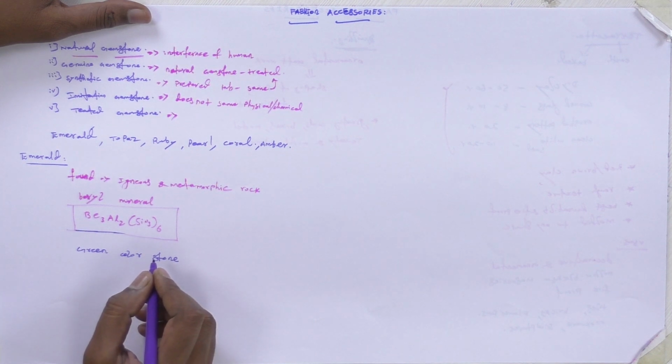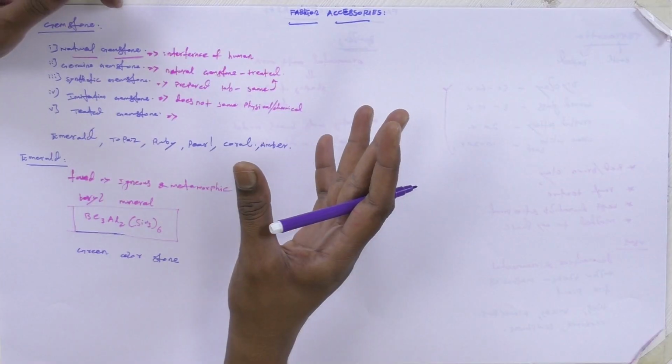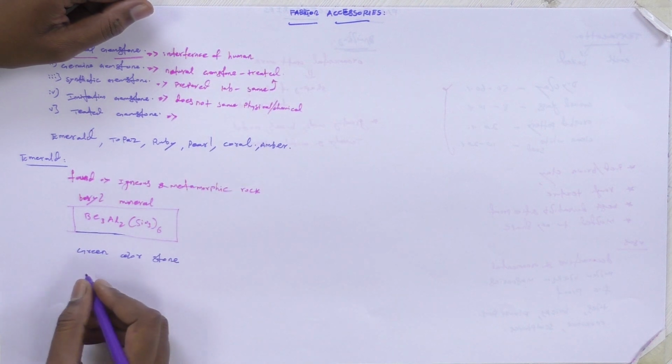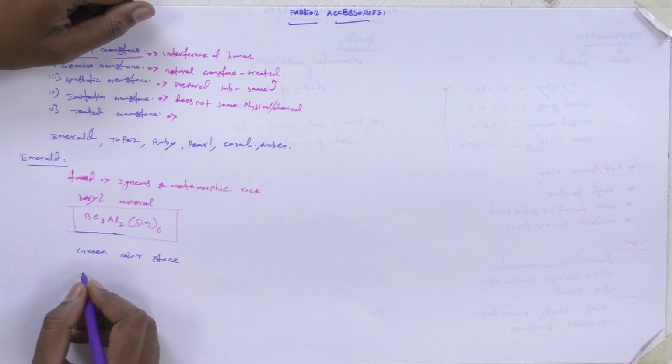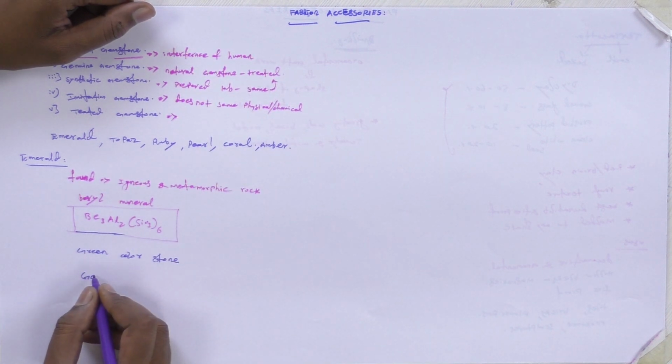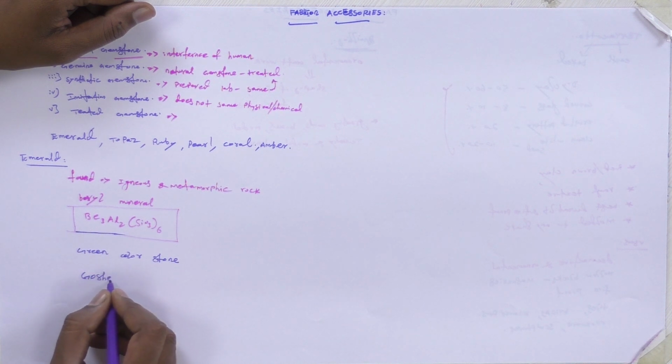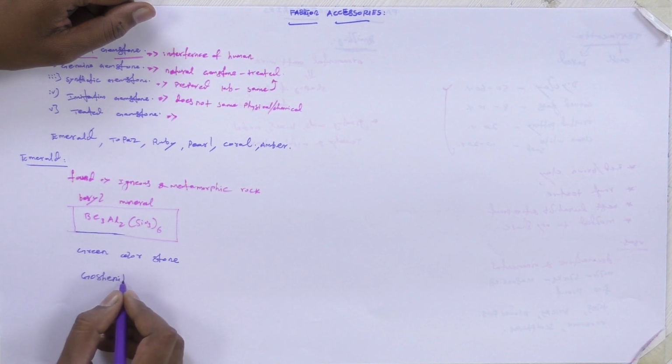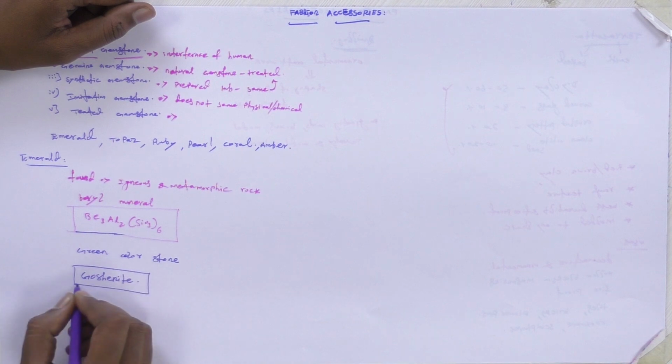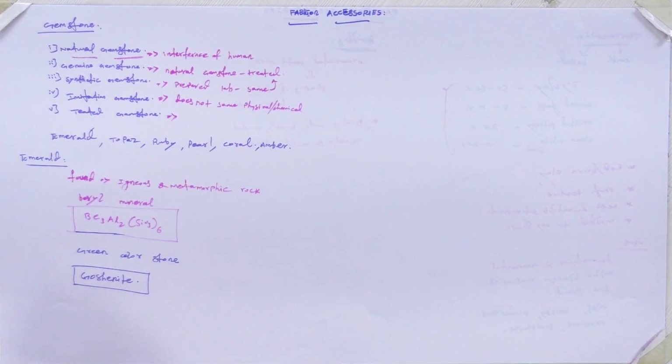Actually, the emerald material is available as a colorless material. The colorless emerald material is called goshenite.